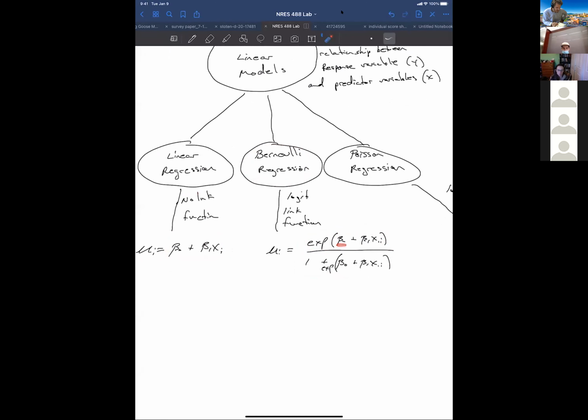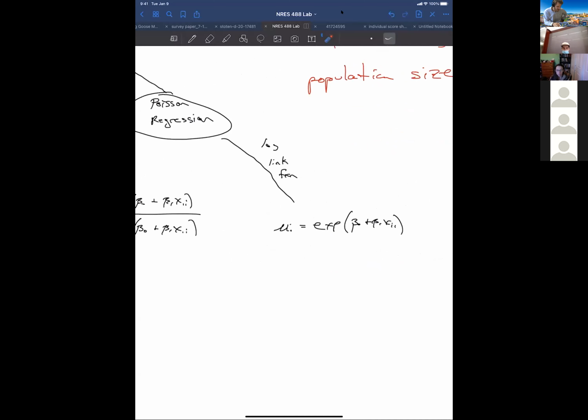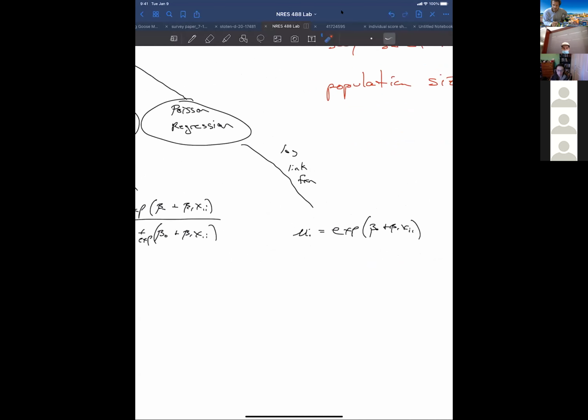So given parameters beta 0 and beta 1 and covariates x, can you describe what the probability of success mu is? And then Poisson regression is actually a little more simple than the logit function. We have a log link function. And to get from our parameter estimates beta 0 and beta 1 to our expected value of our counts, we just take the exponent of this whole combination. So R will give us beta 0 and beta 1, and we have to know what to do with that to give us the expected value, mu i.